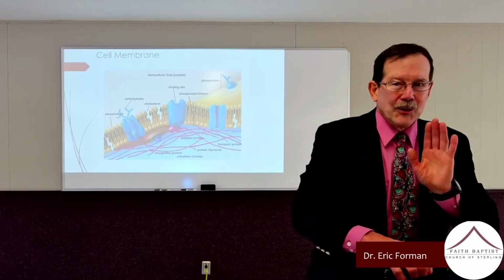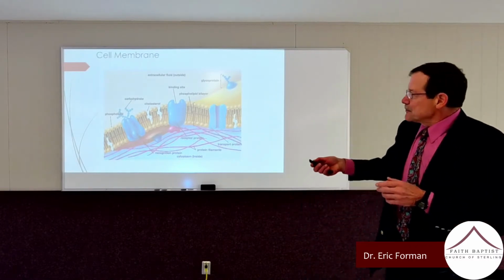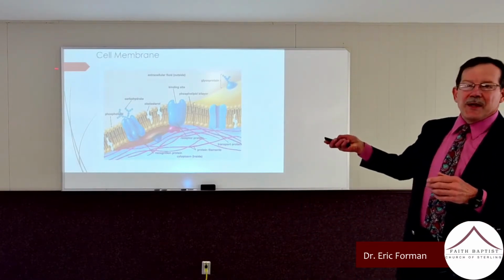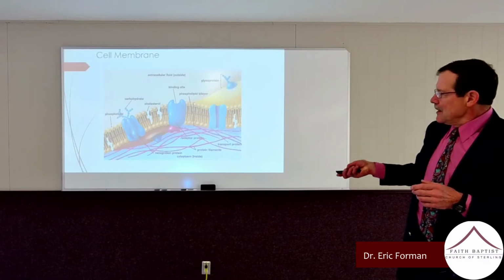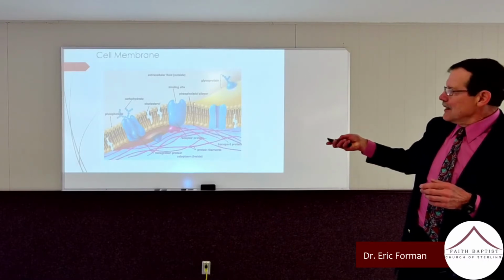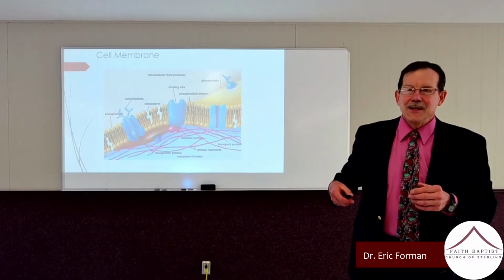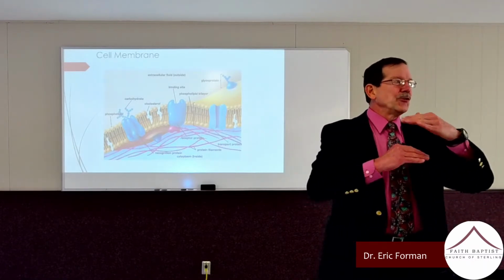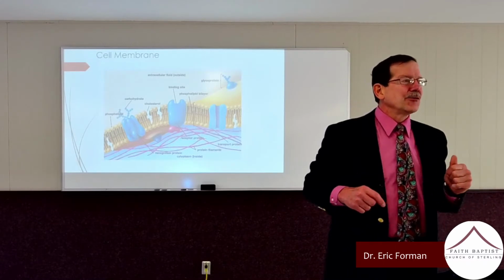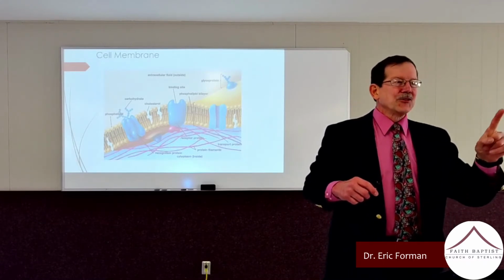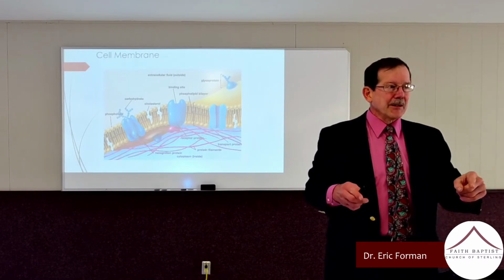Okay, you get it? Now, out here, it's basically water. In here, it's basically water. Is this environment different than that environment? Yes. What keeps those two environments separate and different? The phospholipid bilayer.